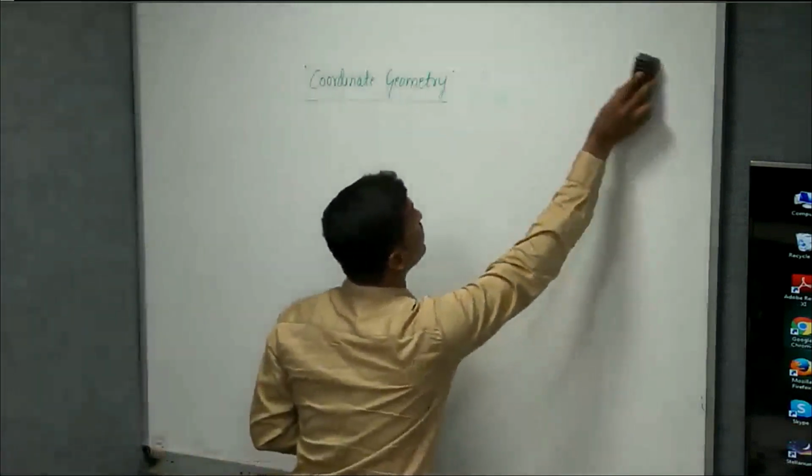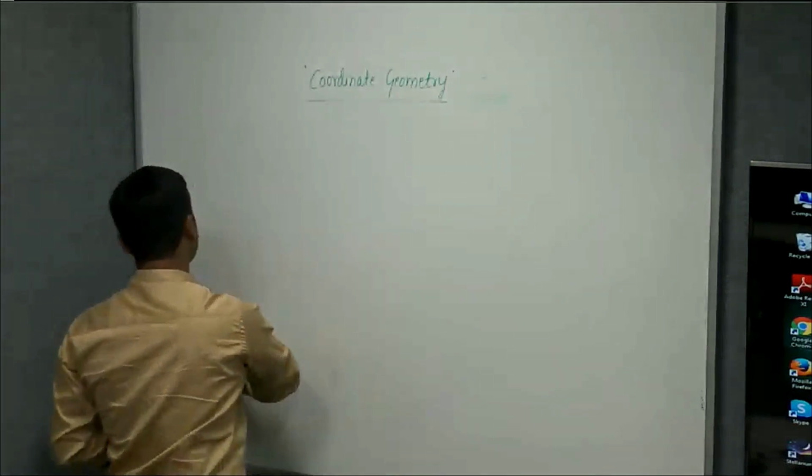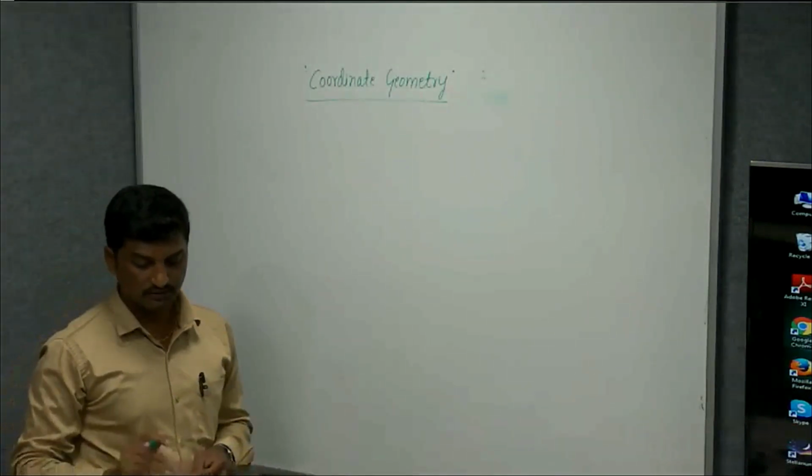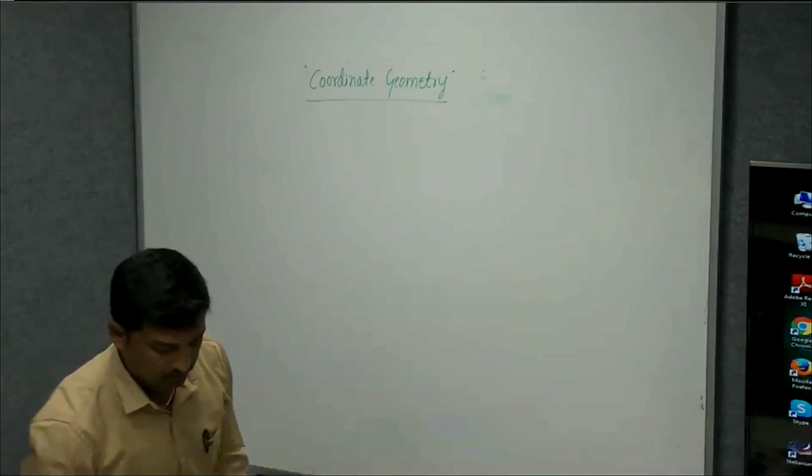So now, apart from the marks, this coordinate geometry consists of 3 very important parts.